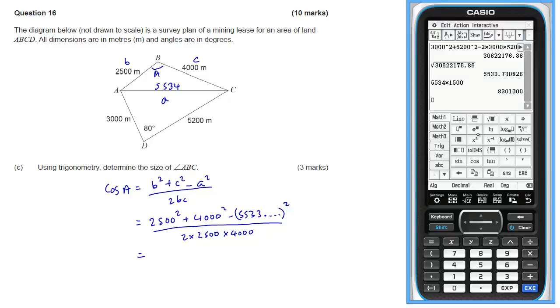So use a fraction, and then we've got 2,500 squared, add 4,000 squared, take away this answer here squared over 2 times 2,500 times 4,000.